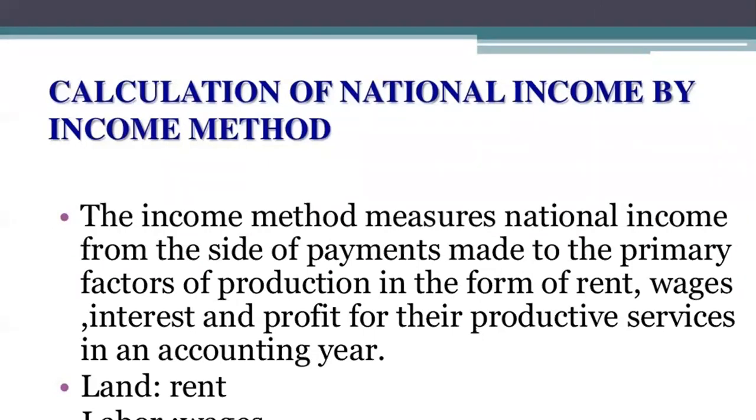Compensation of employees consists of three elements. First, wages and salary in cash. It includes all the monetary benefits like wages, salaries, bonus, dearness allowances, commission, etc. Second, wages and salaries in kind.